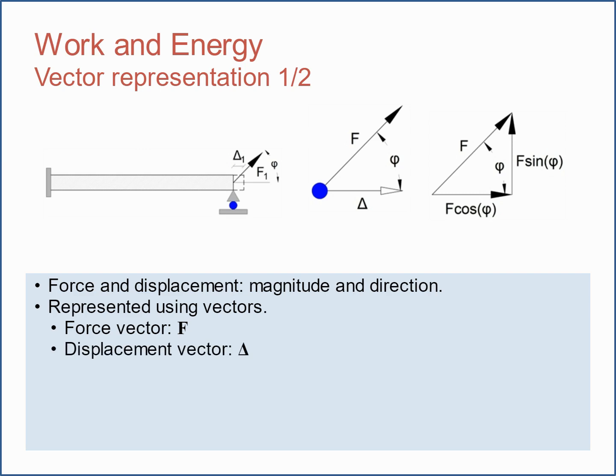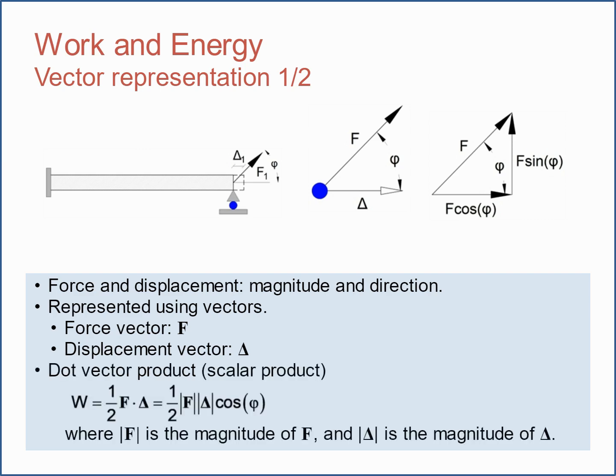The middle diagram shows a vector representation of the deformation of the member shown in the left figure, where the node represents the end point of the structural member. The force vector, together with its components on the two orthogonal axes, are presented in the right diagram.